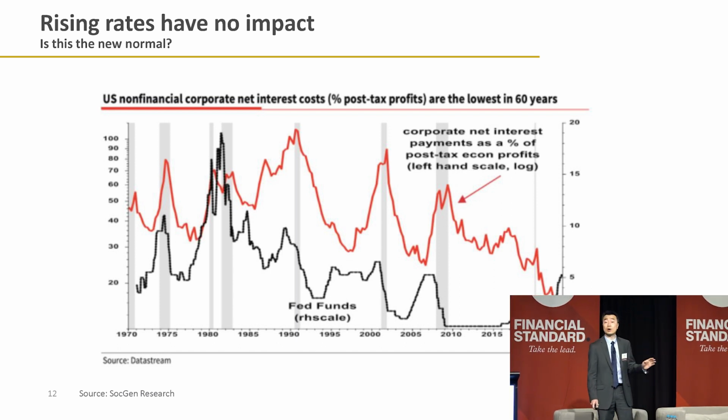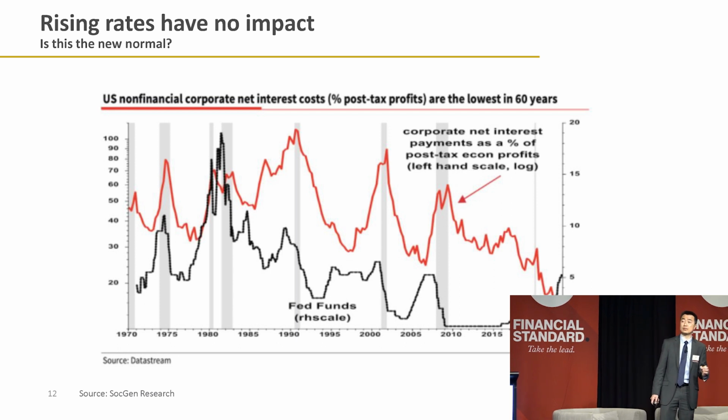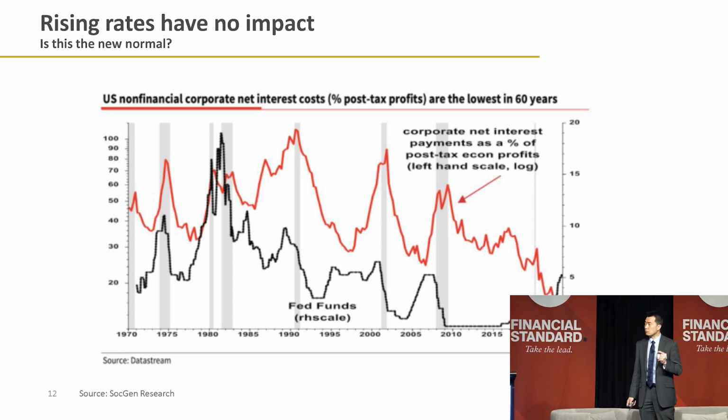When rates rise, interest payments go up, corporates cut back spending, corporates may lay off employees, and the economy slows again. In this cycle, we have witnessed the fastest rate rise in history, but corporates aren't paying a lot for the interest payments. So it seems like a new nirvana. How good can this be?